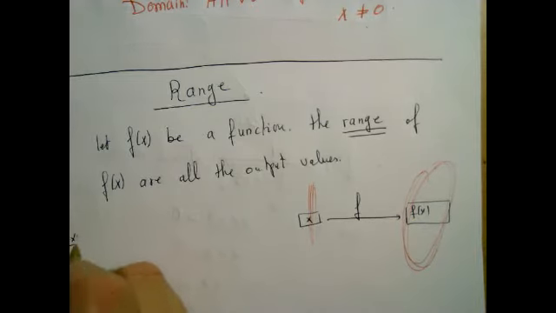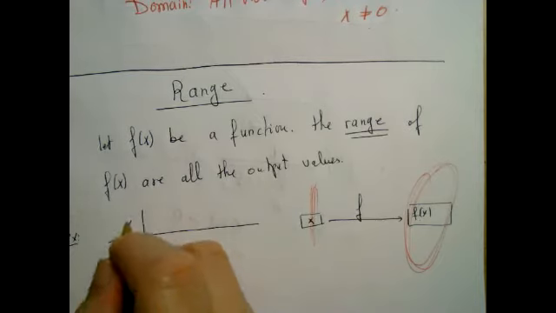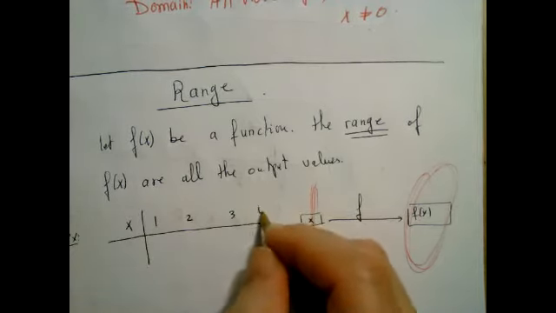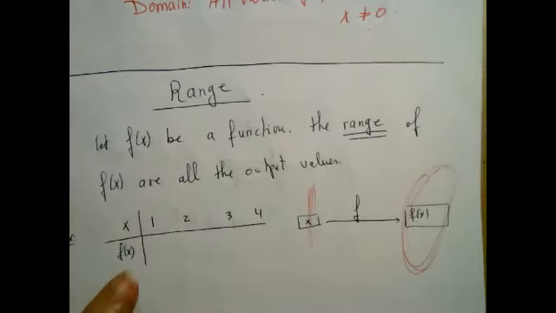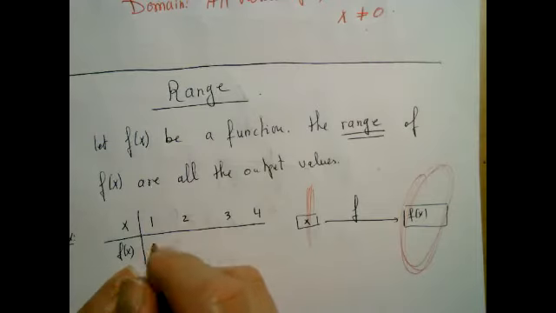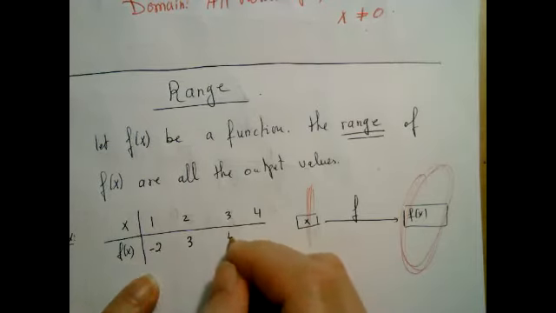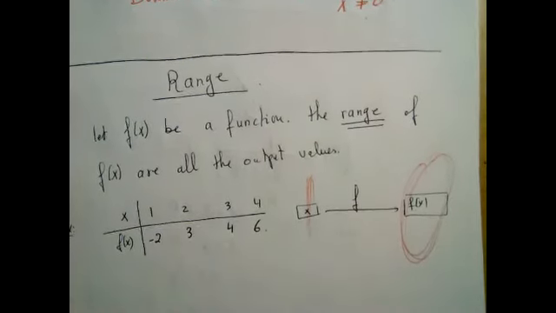So let us start with a fairly simple question. Suppose I have a function f, and like 1, 2, 3, 4, and this is what f assigns to each one of them. To 1, let us say it assigns -2. To 2, it assigns 3. To 3, it assigns 4, and to 4 it assigns 6.